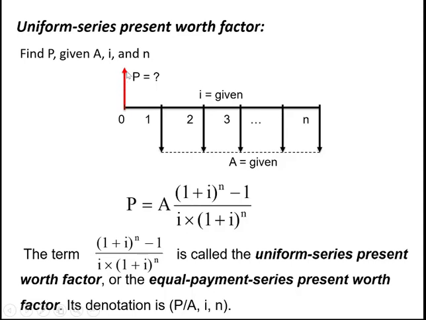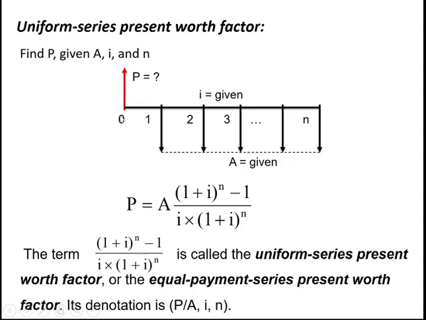The first way, we can use the single payment present worth factor to calculate the present worth of each A. From here, convert to period 0, from here, convert to period 0, and so on.